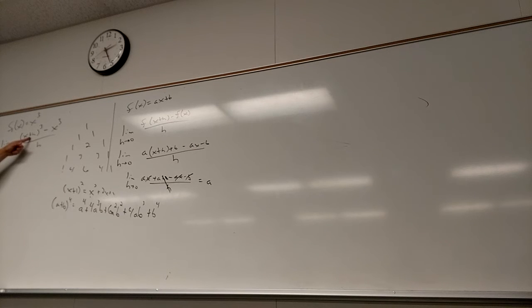So here, I can use that, or I can just multiply it out a couple times, doesn't really matter. So I get the limit as h goes to 0. What would it be?